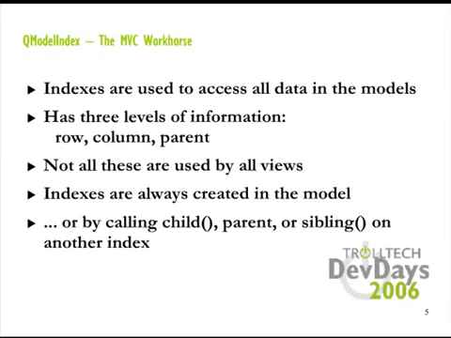One of the things that's really difficult to get when you start out is, why on earth can't you just make a QModelIndex? You cannot do that because the QModelIndex can have some private data that you, as the user of the model, are not allowed to do anything about.